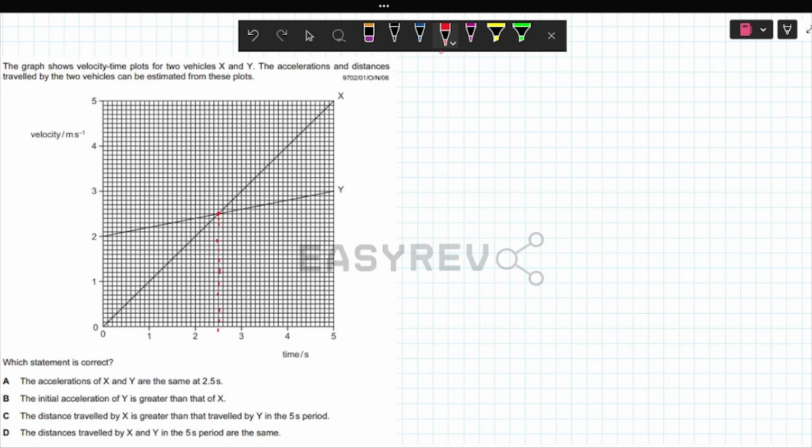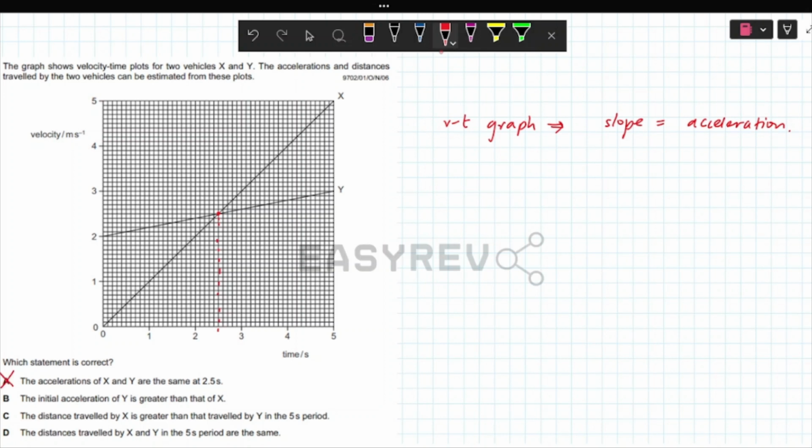We can clearly see that graph x has a larger slope than graph y. And for a velocity-time graph, we recall that the slope represents acceleration. Clearly, graphs x and y have entirely different slopes, even if they're intersecting at the same point at 2.5 seconds. So A can't be correct in any case.